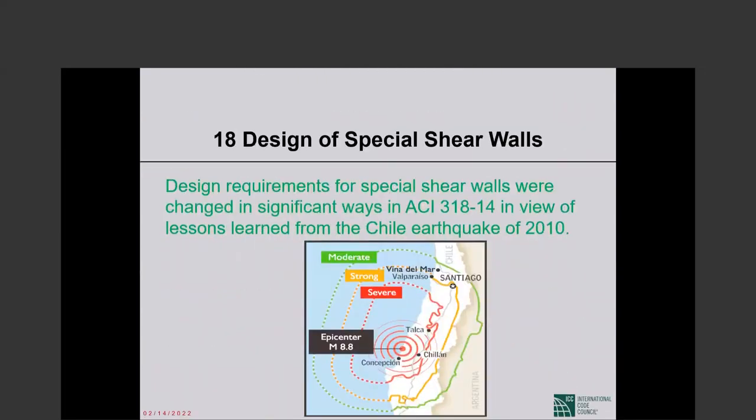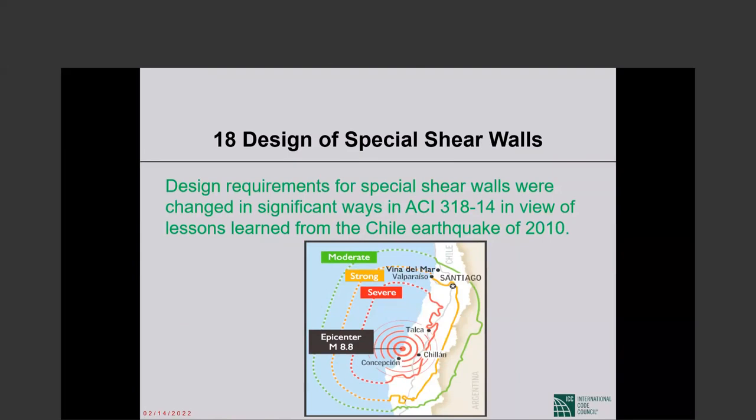The design requirements for special shear walls were changed in significant ways in ACI 318-14 in view of lessons learned from the Chile earthquake. I said 2010, it was 2011, it was 2010. Okay. So this is something I mentioned at the outset.